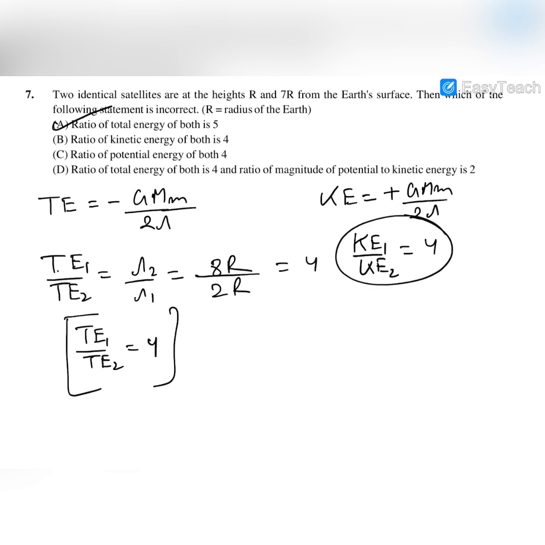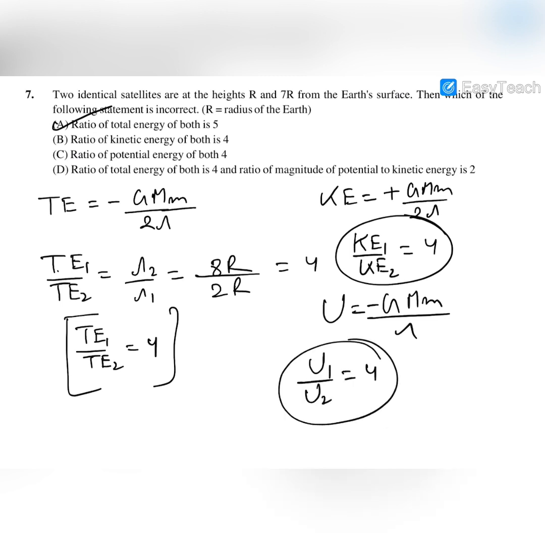The ratio of potential energy, and we know that potential energy is GMm by r, so again the ratio of potential energy will be the same, it would be 4. The ratio of total energy of both is 4, and the ratio of potential energy to the kinetic energy is 2.